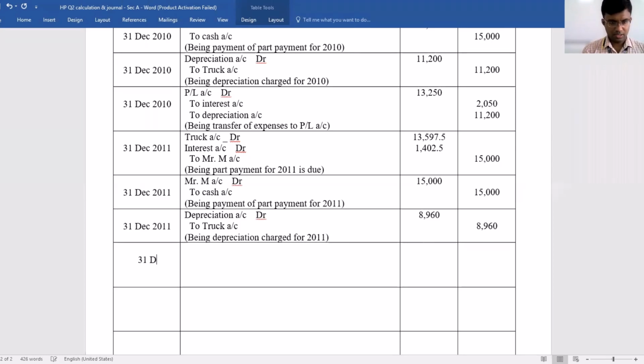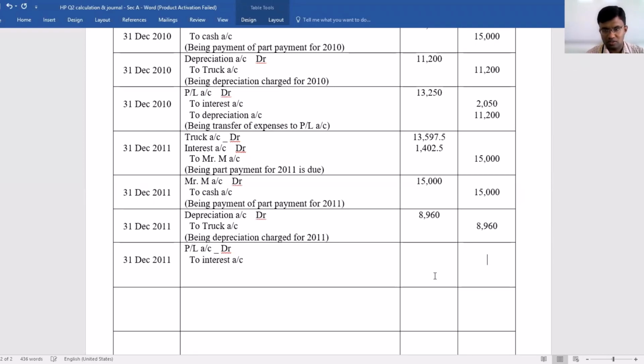31st December 2011. Now the final entry for 2011 is that you have to transfer all the expenses to the profit and loss account. So profit and loss account debited to interest account.